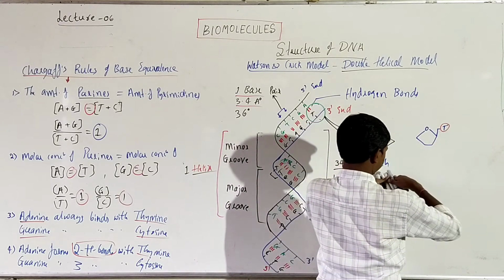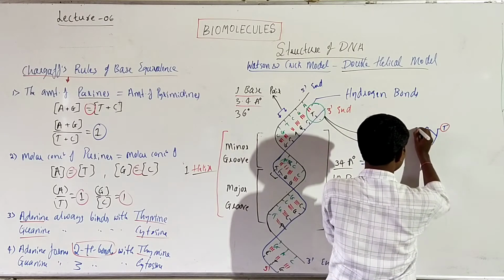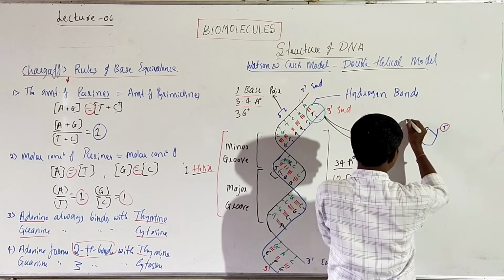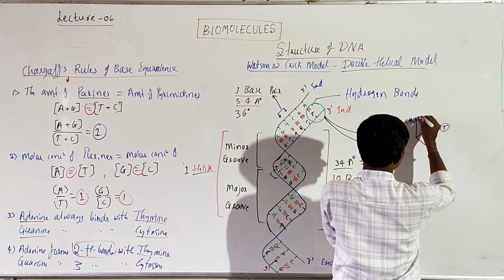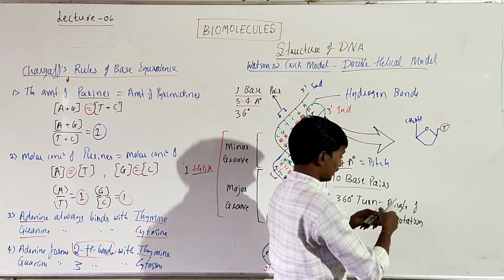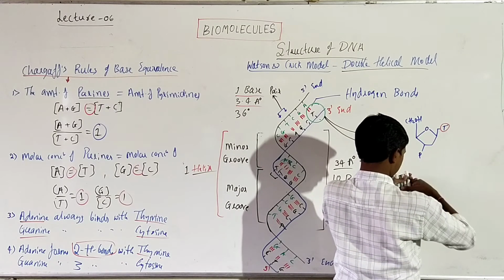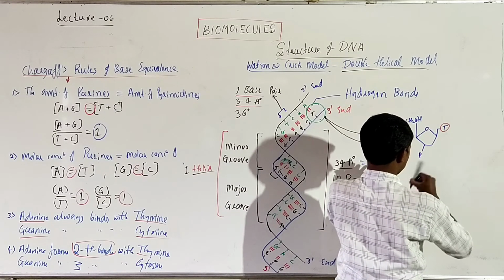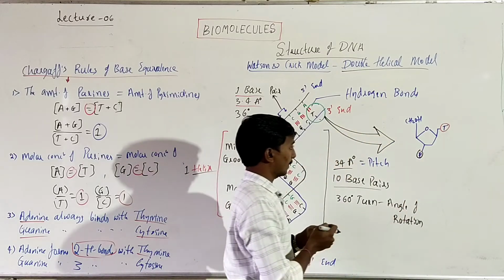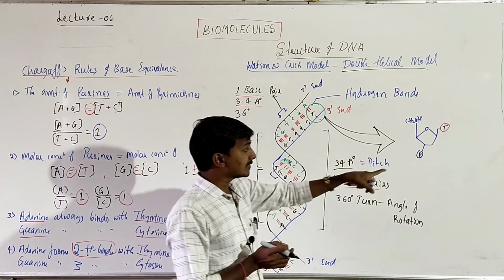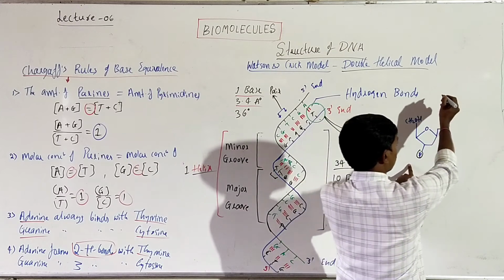And here CH2OH, and here third carbon there is attachment of a phosphate group. Okay, this is one nucleotide.